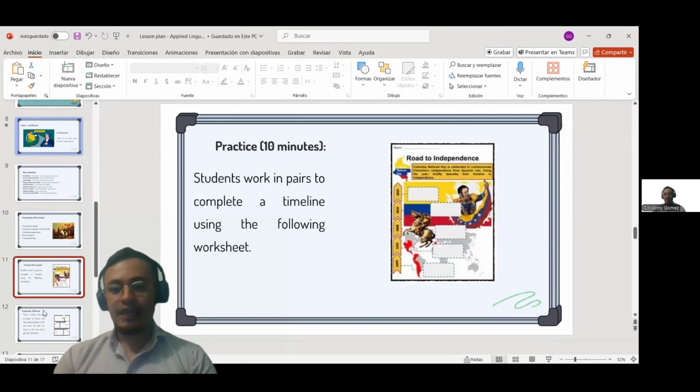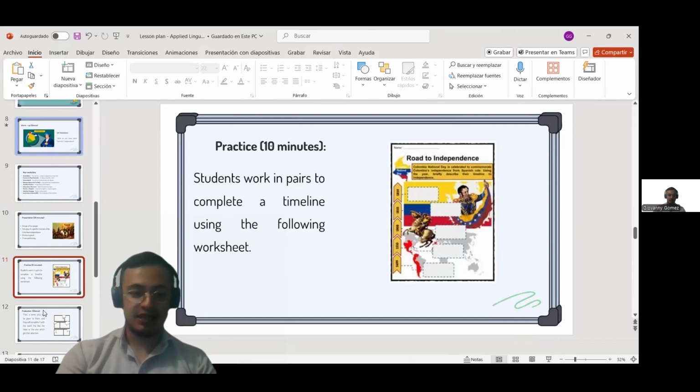After that, I will give you a worksheet where, in pairs, choose your favorite partner, and you will complete this timeline. Using this worksheet, you will locate the most important events and the most important characteristics of the Colombian independence in this timeline.